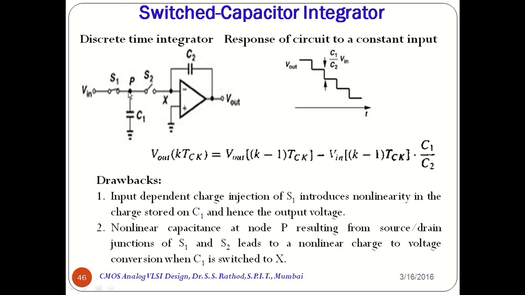When you apply the input, or close switch S1 and open switch S2, C1 will charge to Vin, and when you open switch S1 and close S2, C1 is connected to the amplification mode, so you get an integrated waveform.